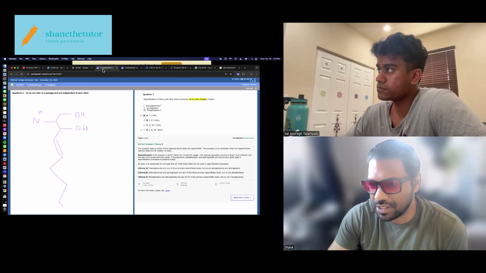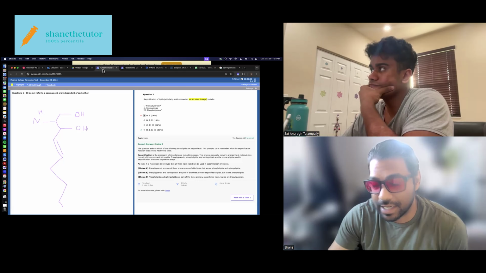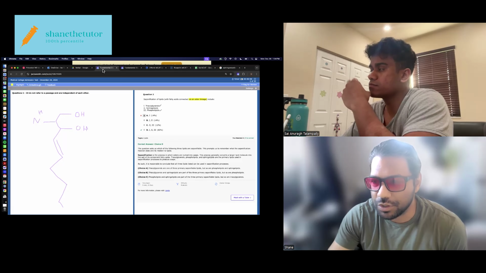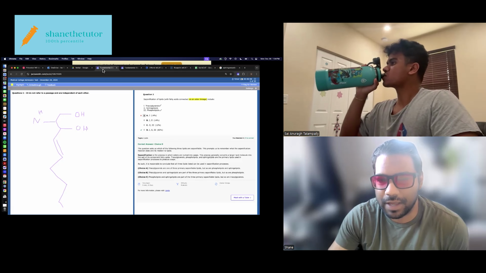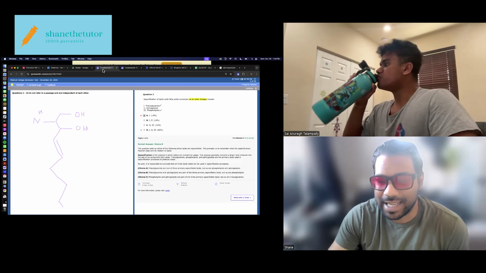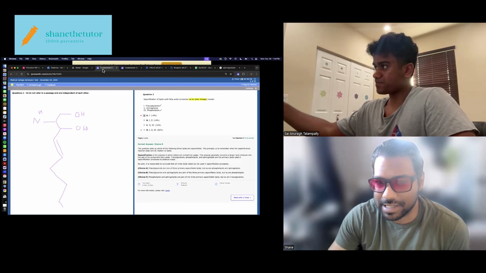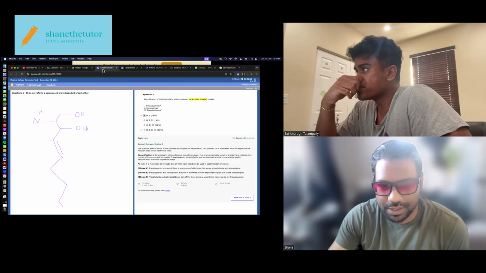Because a phospholipid is just like a triacylglycerol, except instead of having three fatty acids, you have two fatty acids and one phosphate, right? And so phospholipids still have two fatty acids connected via an ester linkage, right? Mm-hmm.